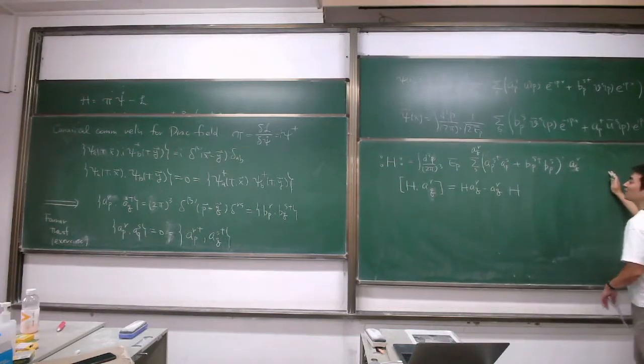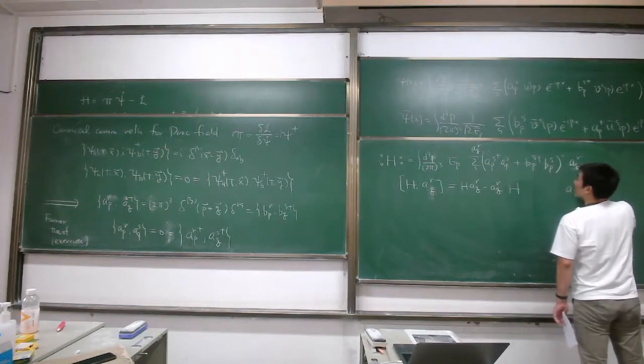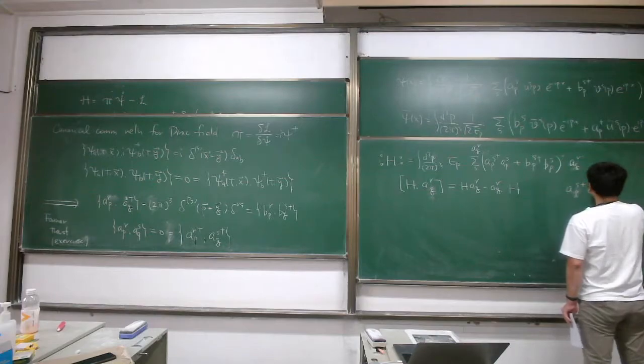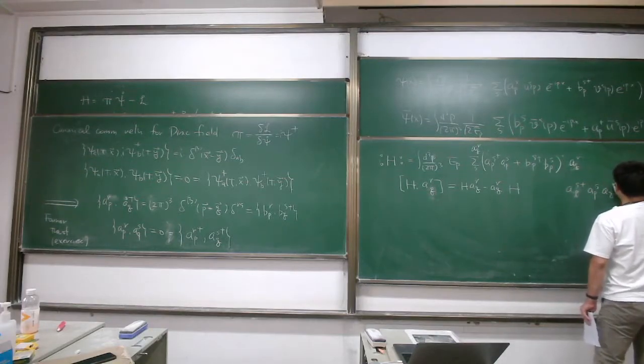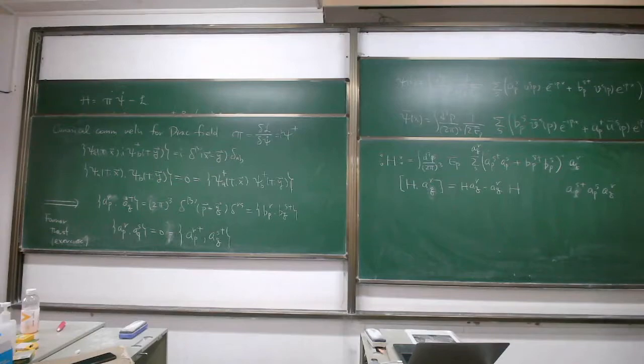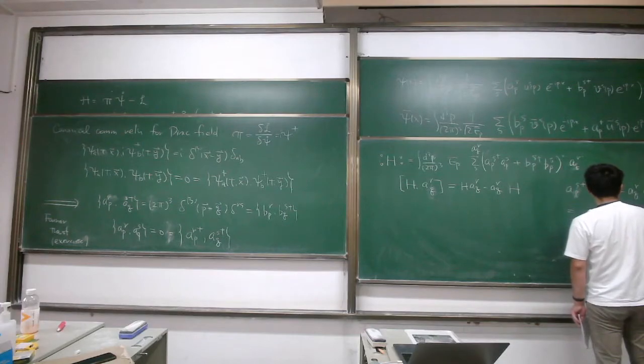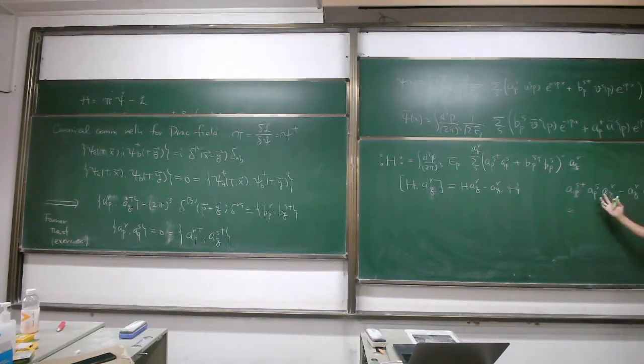Okay, let's do that. So A_P S dagger, A_P S, A_Q R. The important part is this part, and then minus A_Q R A_P S dagger A_P S. This is equal to, first you have to swap these.